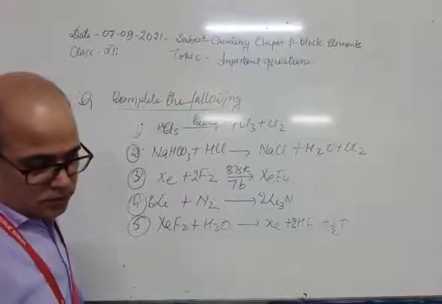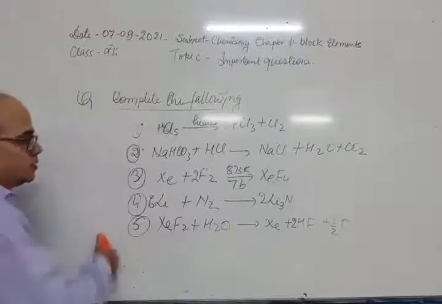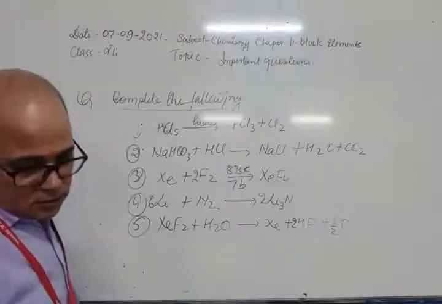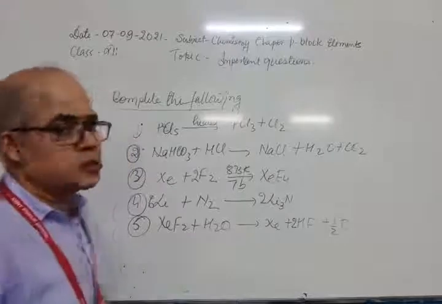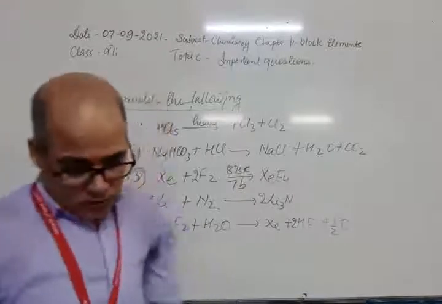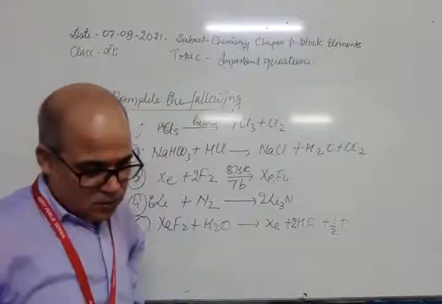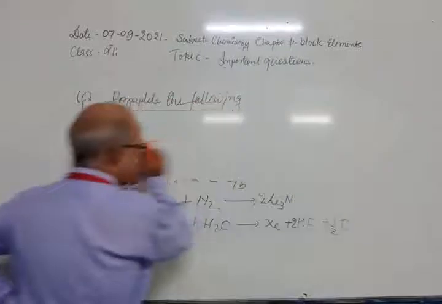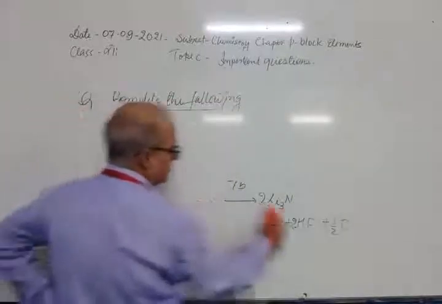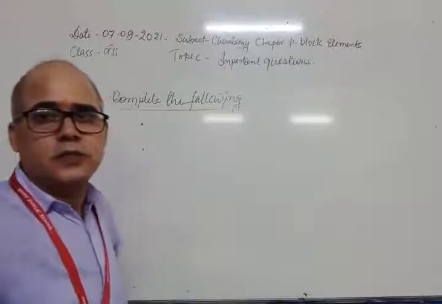Now see some more reactions. Okay, have you noted this? These are asked mostly in 2012, 2011, 2016 also. Now we see the equations of 16. Some questions are asked in 16 also.